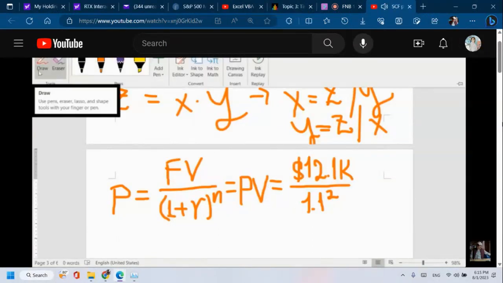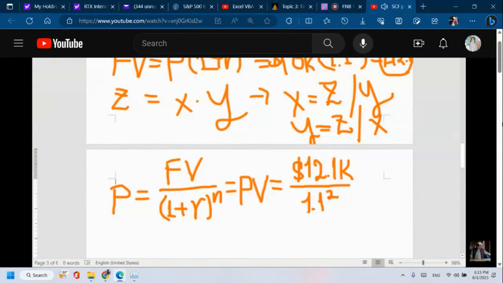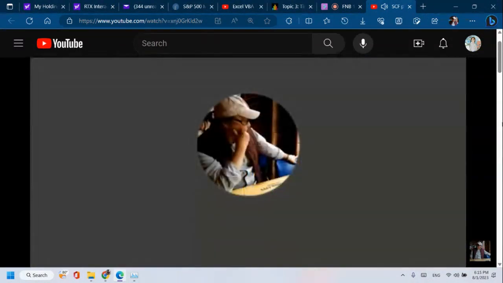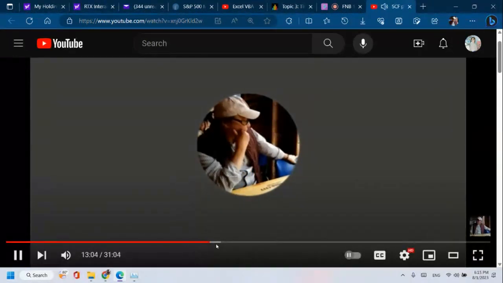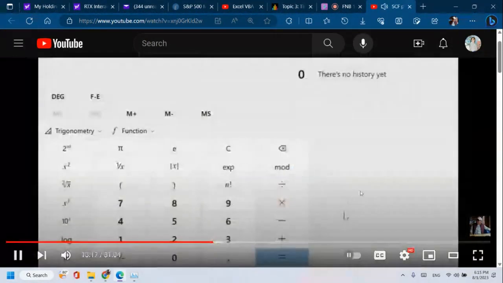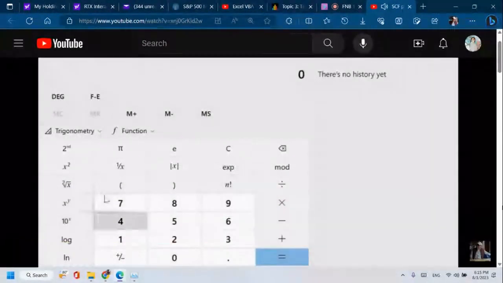And then you can use your calculator or Excel. Your computer comes with a calculator. Let me stop sharing and share the application screen. We can do this on Excel, but I'm just trying to show you.